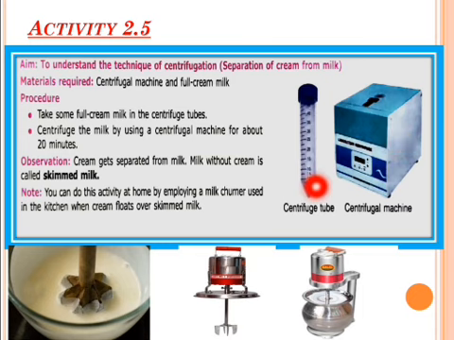After 20 minutes, we will observe that cream, being lighter, comes up at the top and buttermilk, being denser, remains at the bottom. This is how cream gets separated from milk by rotating at high speed in centrifugal machines or by using a wooden milk churner or electric milk churners. The milk without cream is called skimmed milk.